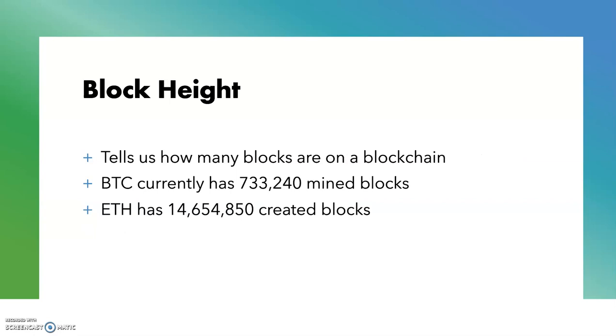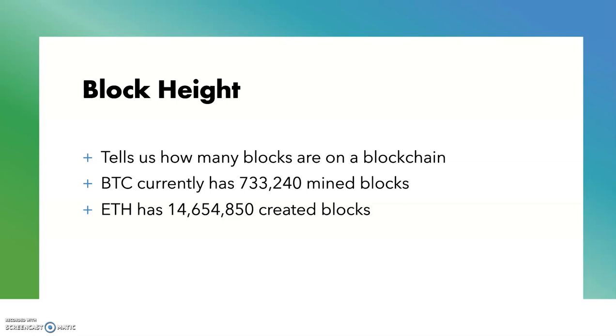The block height will tell us how many blocks are currently on a given blockchain. Bitcoin, as an example, has 733,240 mined blocks. Each of these blocks needs a complex algorithm to be solved to create a new block.